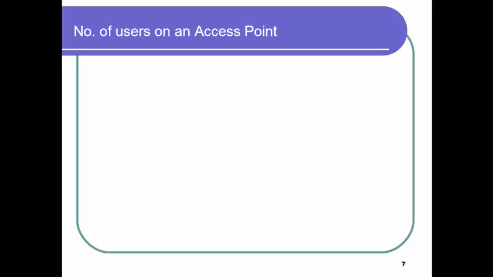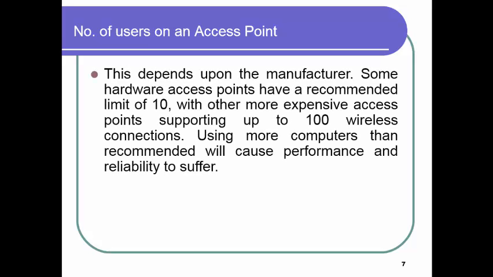The number of users in the access point. As we know, if the number of users increases in the wireless network, there is definitely degradation in the performance. So the number of users also needs to be considered from a performance point of view. The number of users depends upon the manufacturer of the access point.